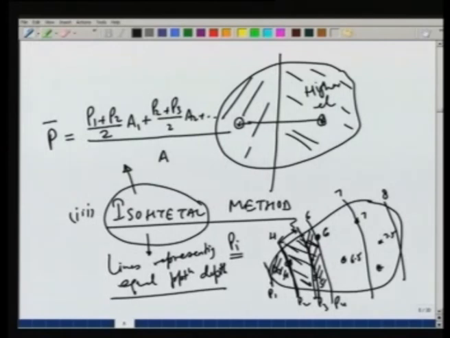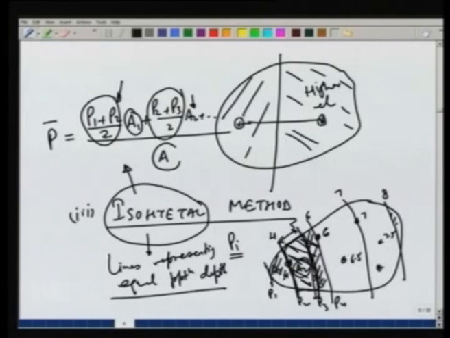So, we will say that this area has an average depth equal to 4.5, multiply it by the area A 2. Similarly, the first area has average depth P 1 plus P 2 by 2, multiply by the area, and so we will add everything up, divide by the total area and get our average precipitation.